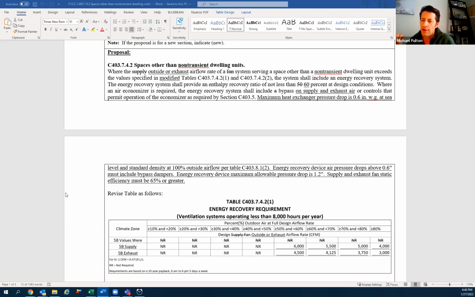The BHP per 1,000 CFM was based on about 5.5 inches static. So it takes you back and says the goal there was about 65% efficient fans. You can't do a 30% efficient fan, which is where you can do right now. If you had like a 1/10 of an inch external, you could do a 35% efficient fan and meet code, which I don't think is anybody's goal.